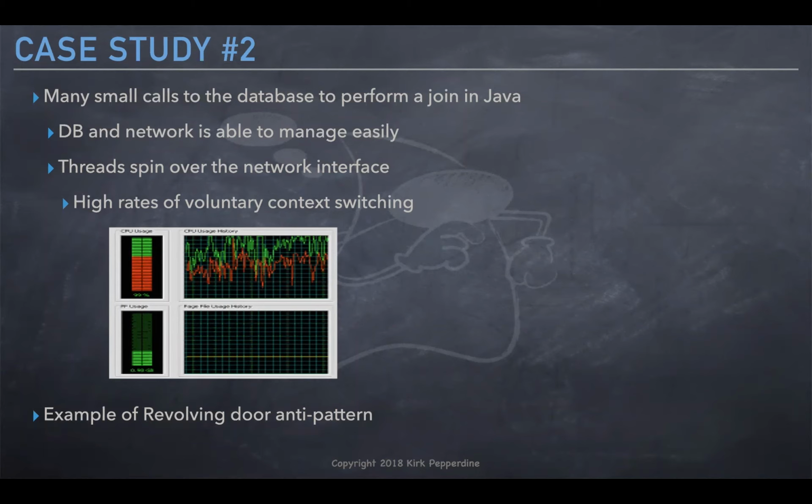But the client itself was just spinning over the network interface, grabbing data, grabbing data, grabbing data, and it wasn't doing very much with the data. So we have a small unit of work followed by a block on a network call to get the data. And that gives us these high rates of voluntary context switching. And so this is yet another example of the revolving door anti-pattern, right?